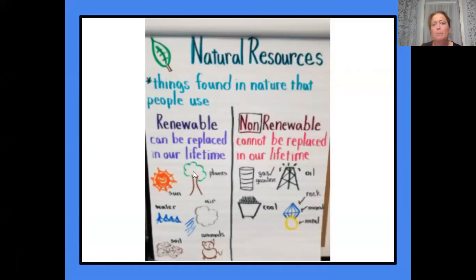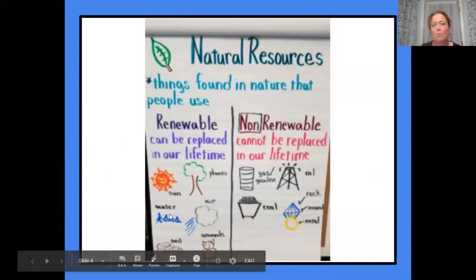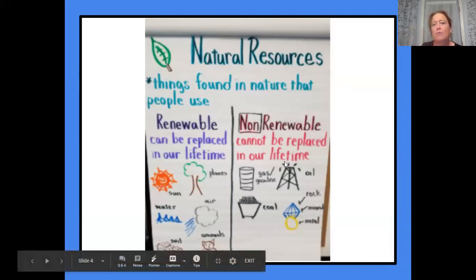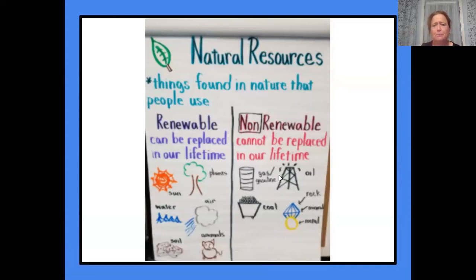So things like plants, the sun, water, air, soil, and animals, these are all renewable resources, things that will come back after you've used them within our lifetime. Non-renewable cannot be replaced in our lifetime, which means it takes so long for them to come back that if we use them, we will not have them.